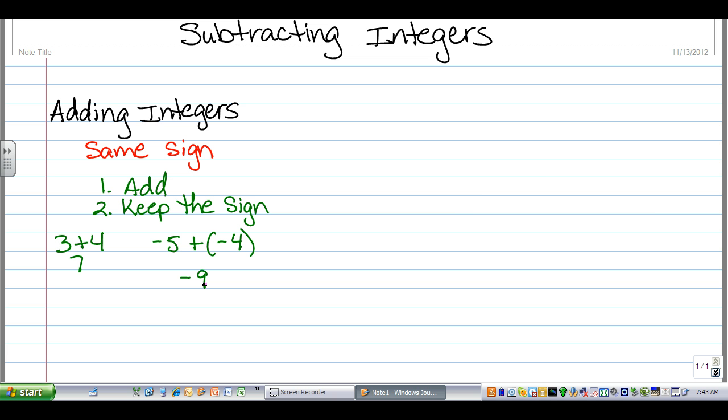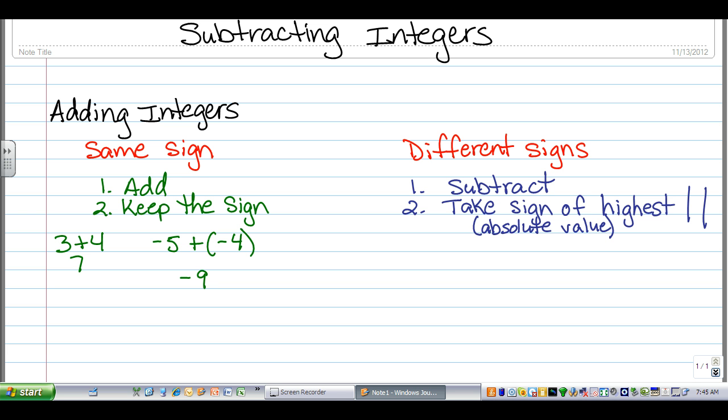Now, if the signs are different, then there's something else that we have to do. But it's still just two steps. If they have different signs, you're going to subtract and then take the sign of the highest absolute value.